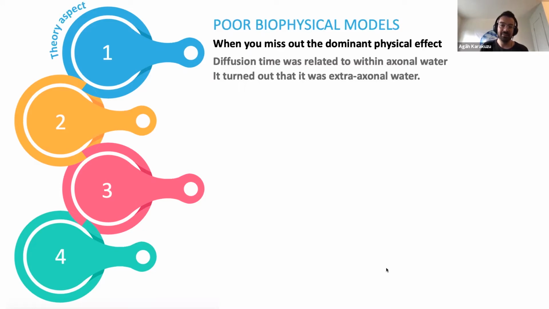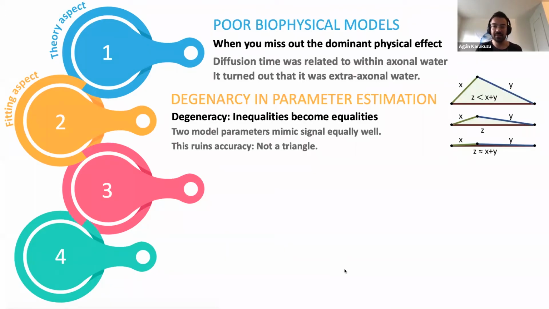And the second problem is the degeneracies in parameter estimation. And it has two components, bimodality and flatness. Bimodality happens when two model parameters mimic the signal equally well. For example, this triangle becomes degenerate when side z almost equals the sum of sides x plus y.